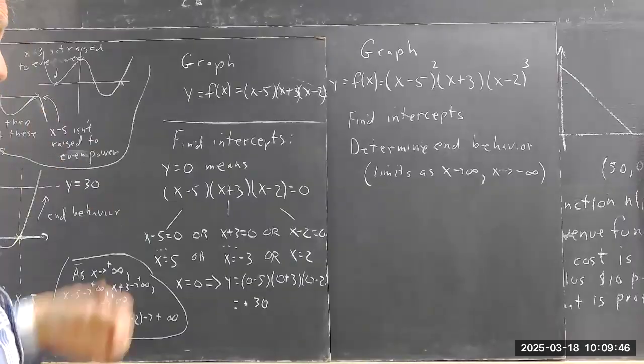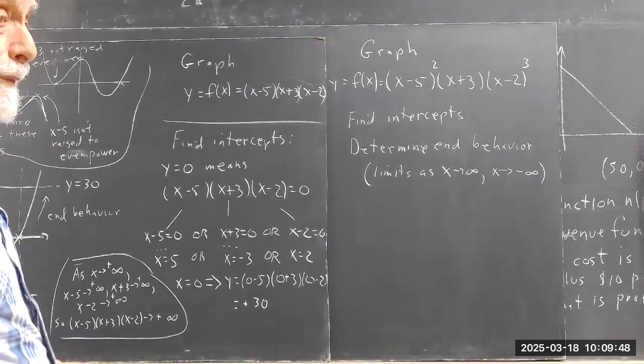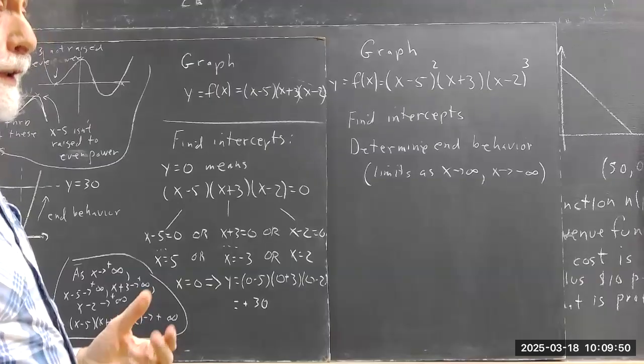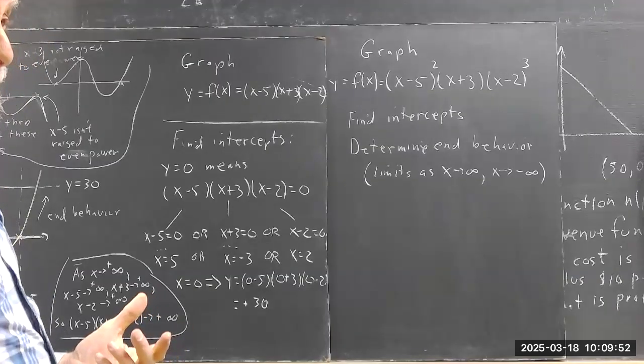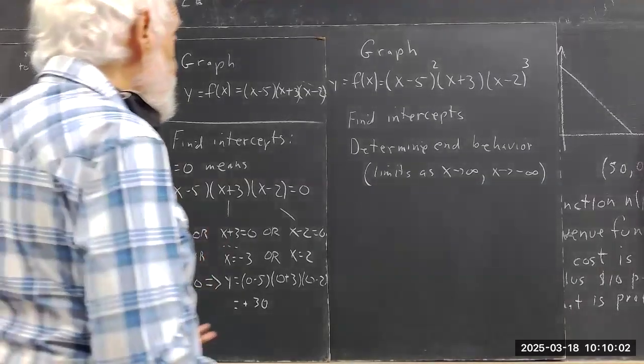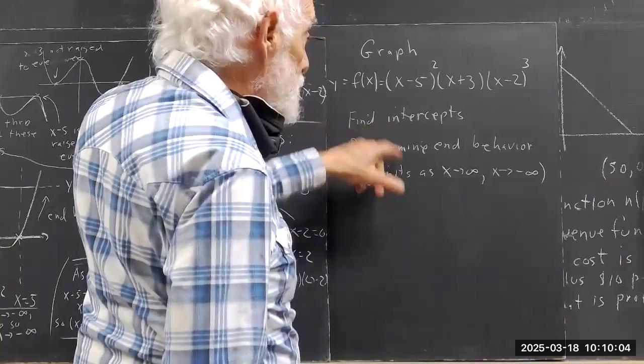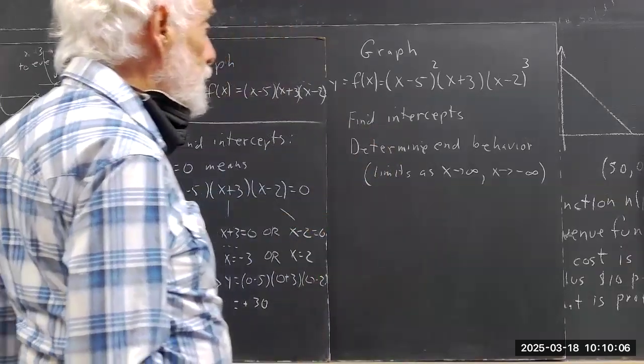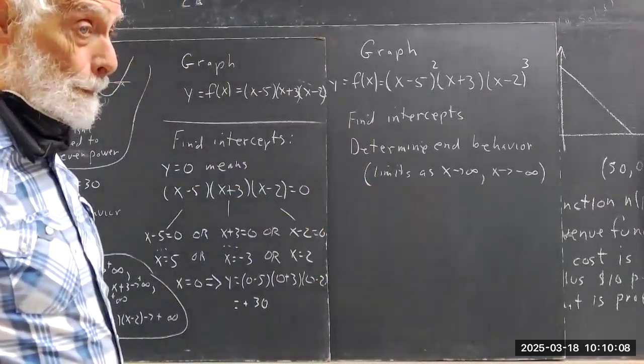What does that change? Doesn't change the intercepts at all. All that changes is the way the function behaves at some of the x-intercepts, and it's very possibly going to change your end behavior as well.